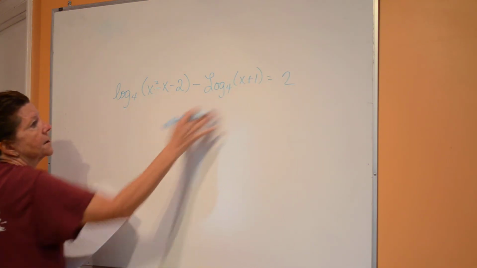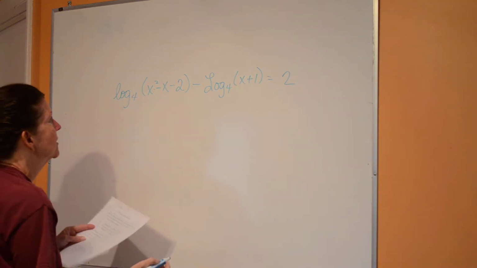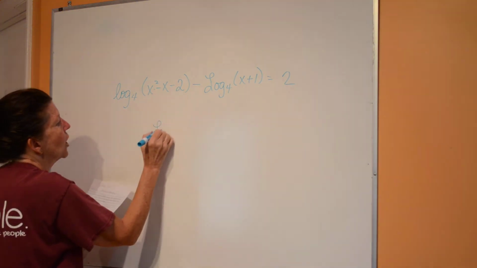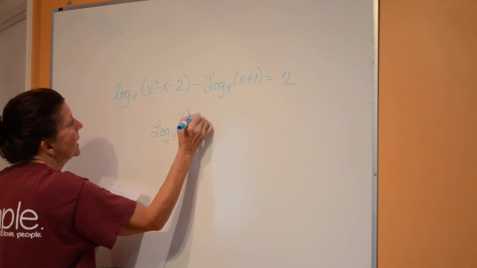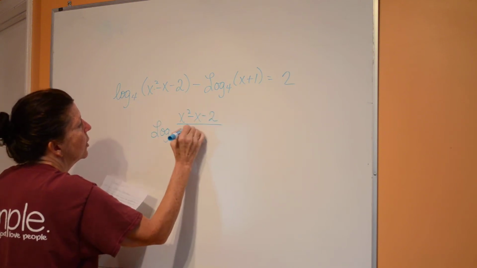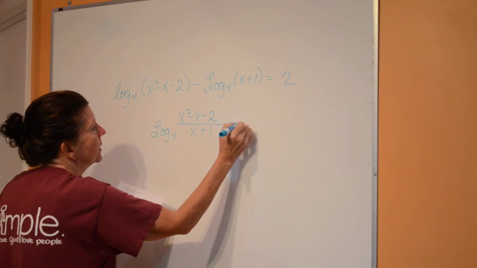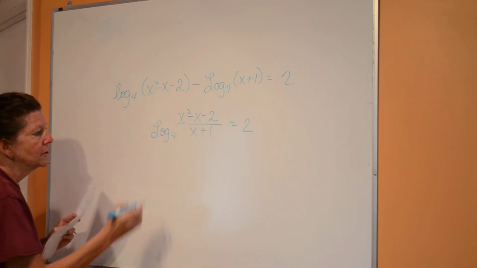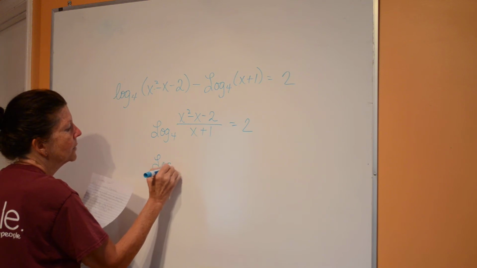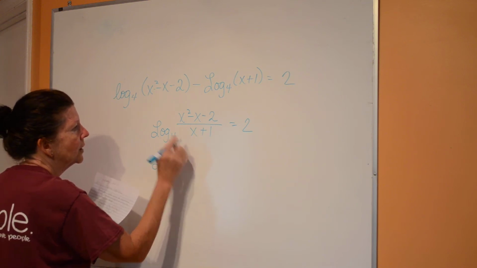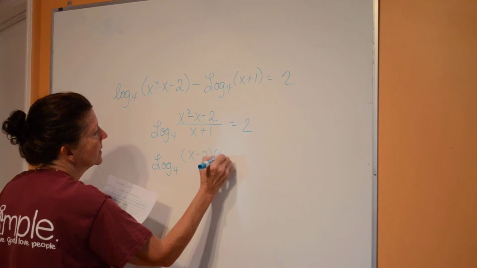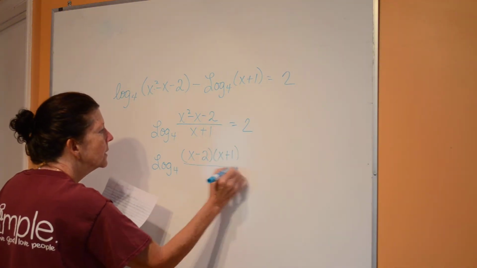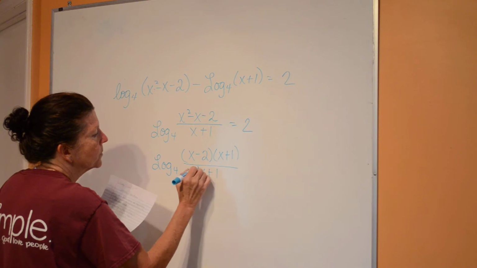All right, this is subtraction, and remember subtraction is associated with division, so I have a log base 4 of x squared minus x minus 2 over x plus 2 equals 2. I want to factor that if I can, because I might be able to reduce it before I do any math on it. So I have x minus 2 and x plus 1 on the top, giving me an x plus 1 on the bottom.